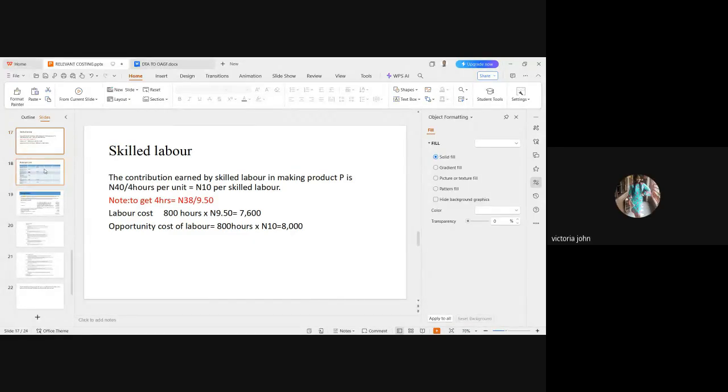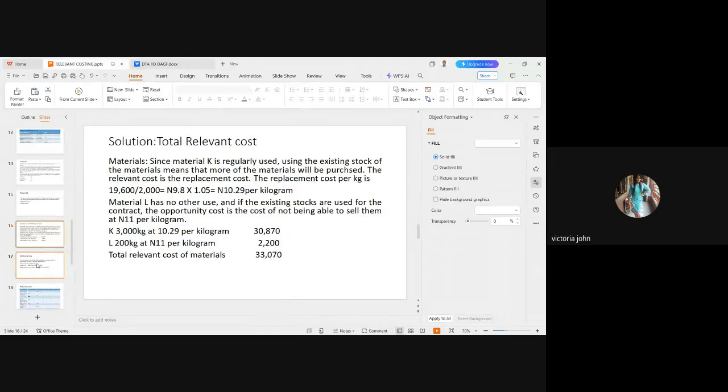Another question I want to ask is on this labor cost. We're given the selling price, skilled labor, other variable costs, and the contribution of 14 naira. Assuming we're not given this information like this, do we compute the contribution first? Yes. If it is not arranged like this and it is just in sentence form, you need to compute your contribution. I've arranged this question in this order.